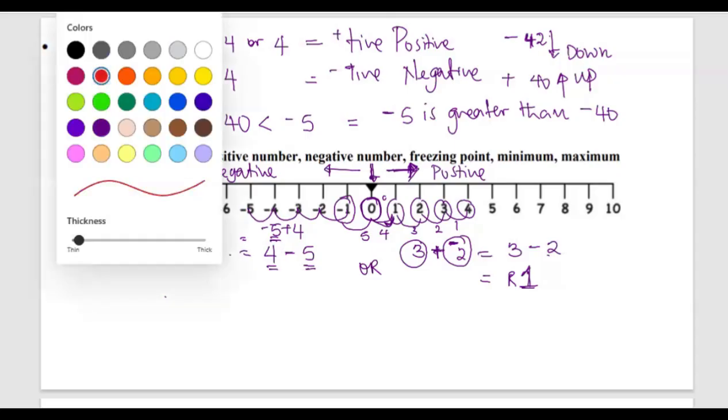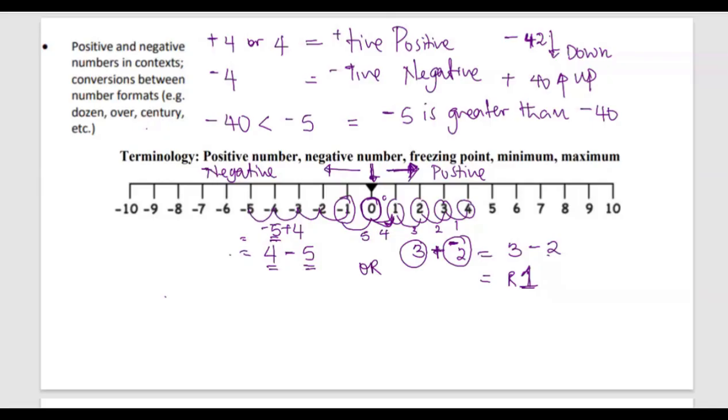Another one that you would see, let's take this other one here, 3. So we are at 3. You need to move 2 places to the left. So we say 1, 2. You see where you are. That's how we usually use a number line.